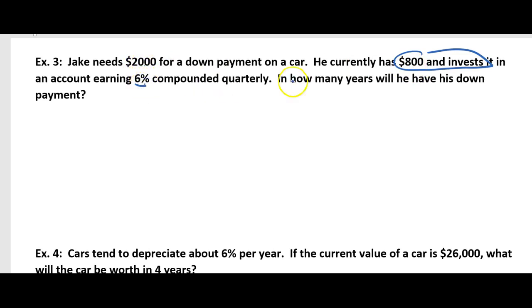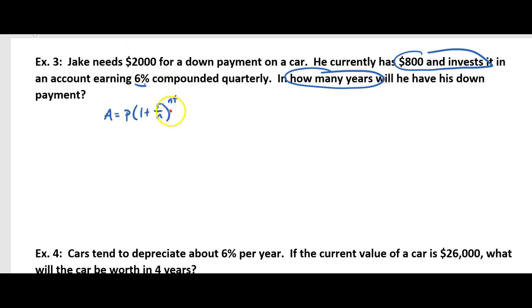We know the rate. We're looking for the number of years. If it's compounded quarterly, I'm doing P times 1 plus the rate over N, raised to the NT power.